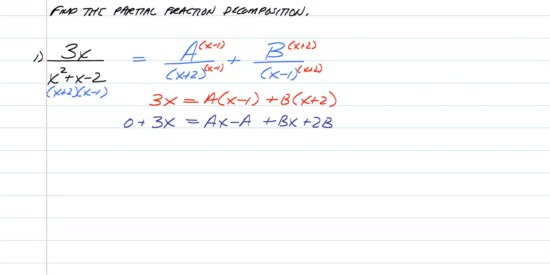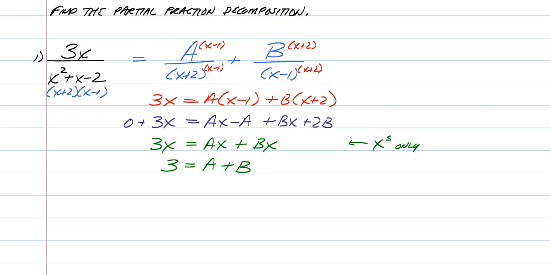And here's why. You are now going to split this into two separate standard form equations. This one is going to compare your x's only. So we have 3x is equal to ax plus bx, and since they're all x's, we're just going to say that 3 is equal to a plus b.